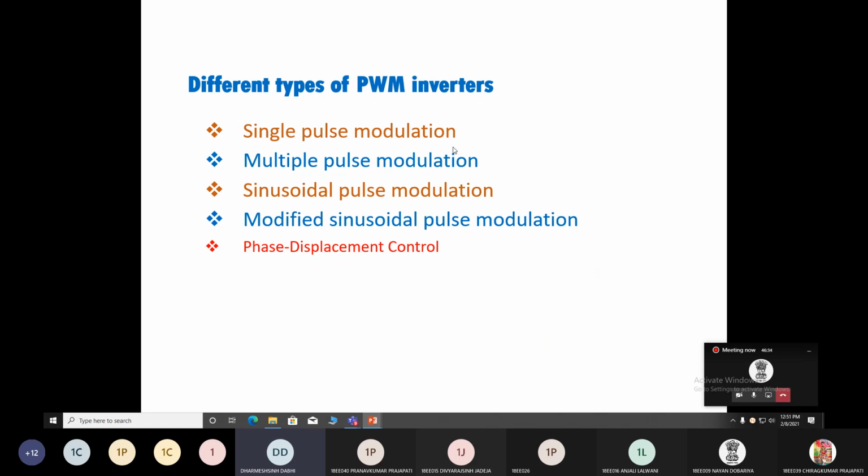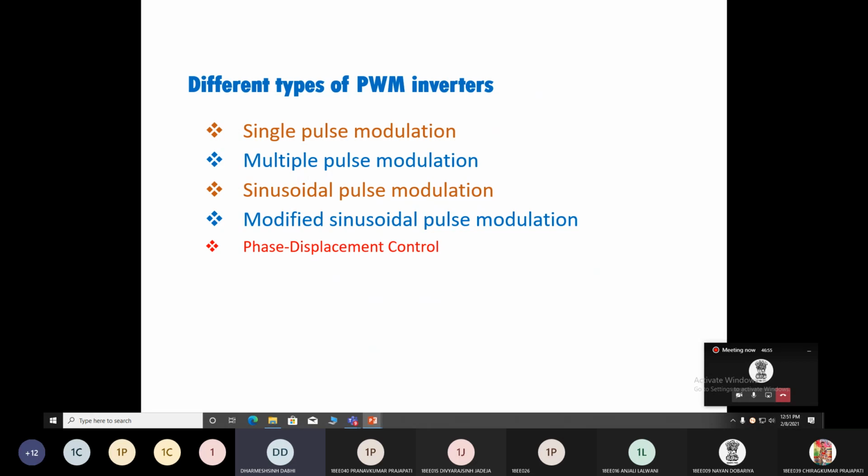First we see the single pulse modulation technique. The advantage is that you get only a single pulse, so there is less switching loss and you get high efficiency, but at the same time the harmonic content in the output is high. Then second, we see multiple pulse width modulation. As the name suggests, you get a number of pulses per half cycle.